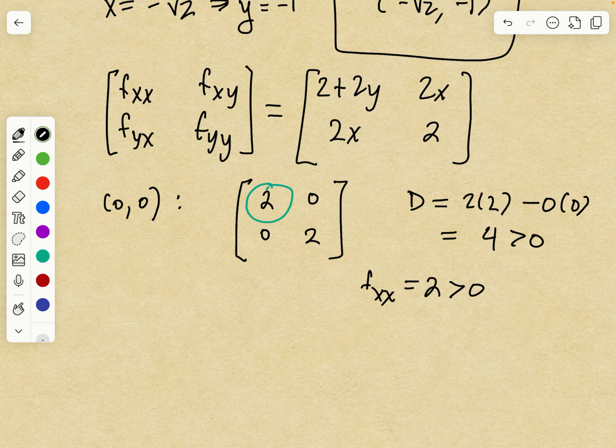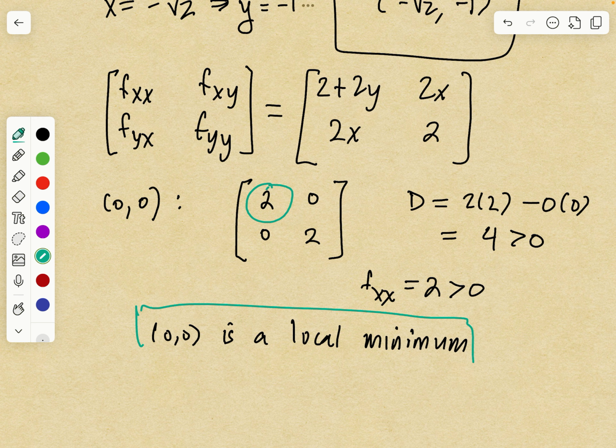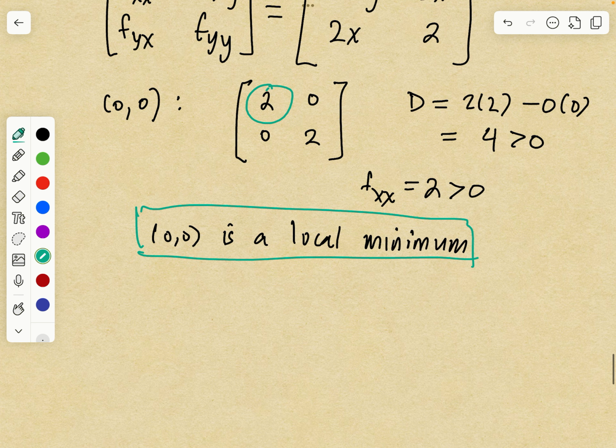It's a local minimum. So (0, 0) is a local minimum. Okay, we classified that one.